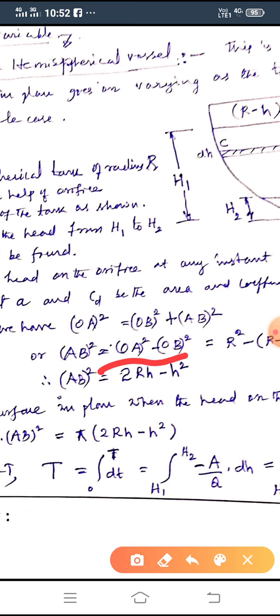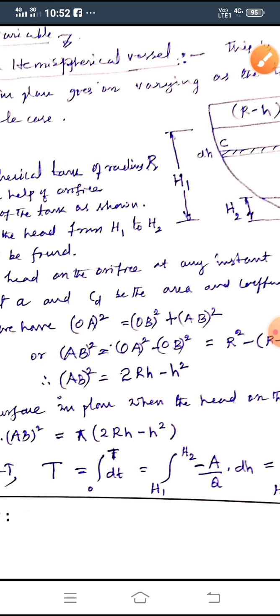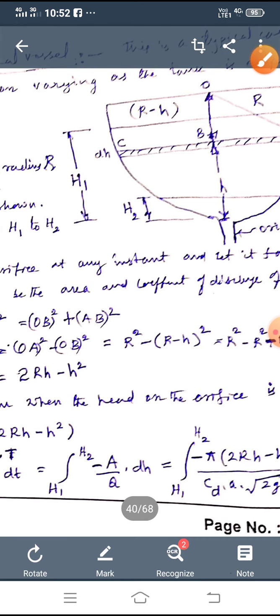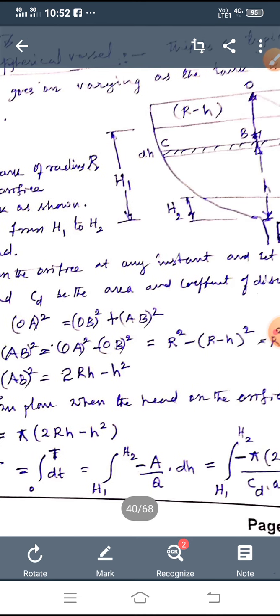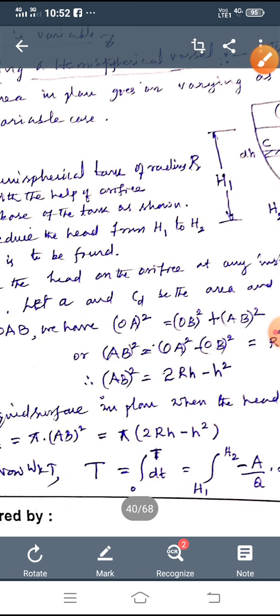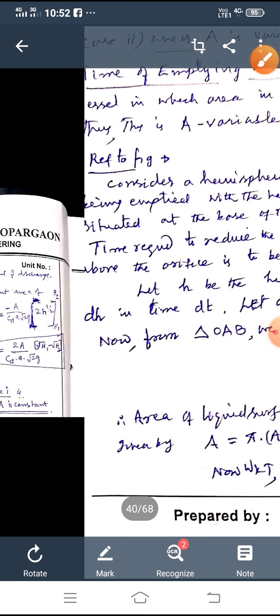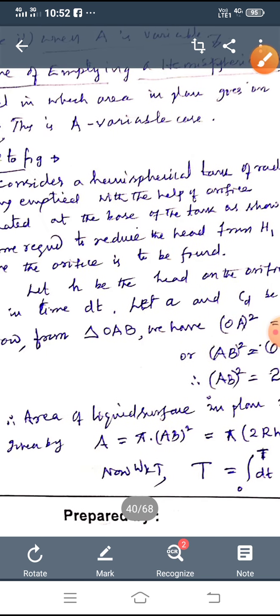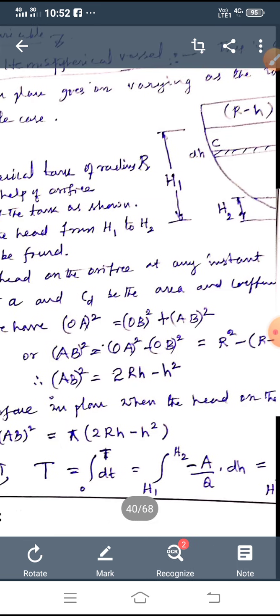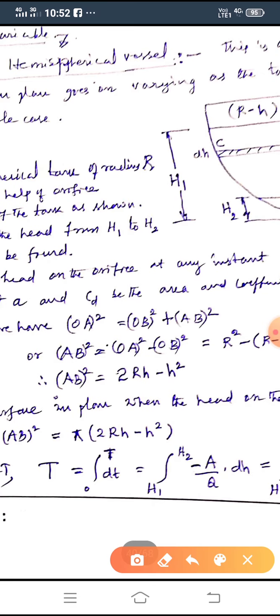Therefore, AB squared is equal to OA squared minus OB squared, that is equal to R squared minus (R minus H) whole squared. If you simplify, you will get AB squared is equal to 2RH minus H squared. Therefore, the area of the liquid surface A is equal to pi multiplied by AB squared, that is pi multiplied by (2RH minus H squared).